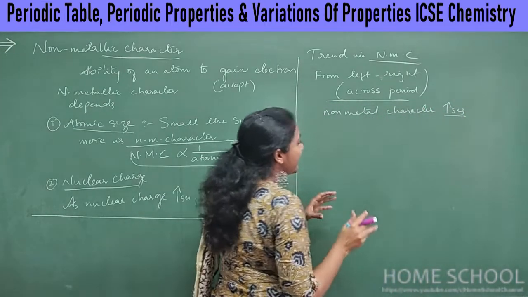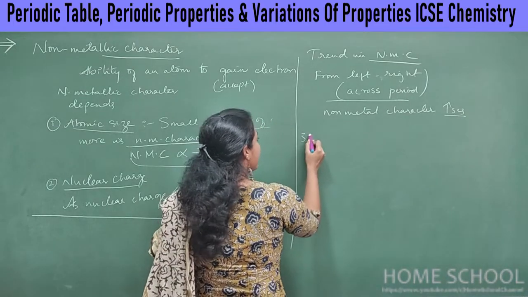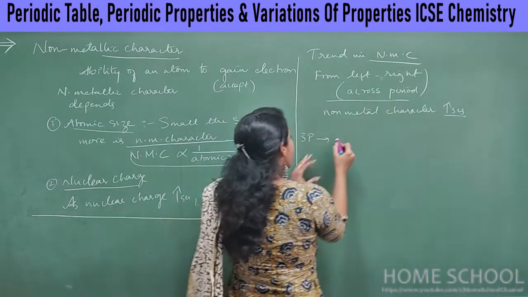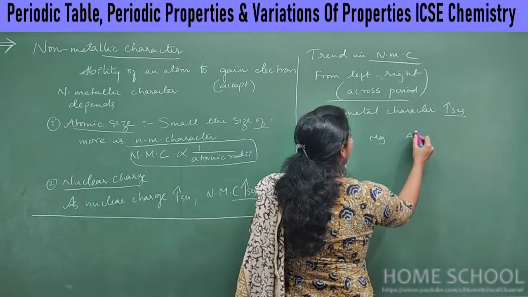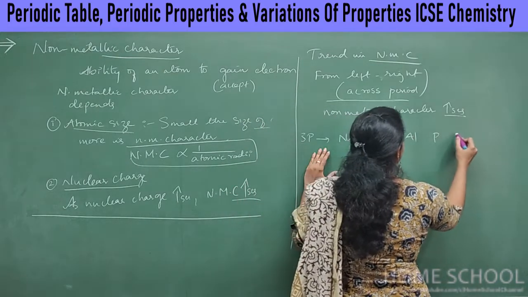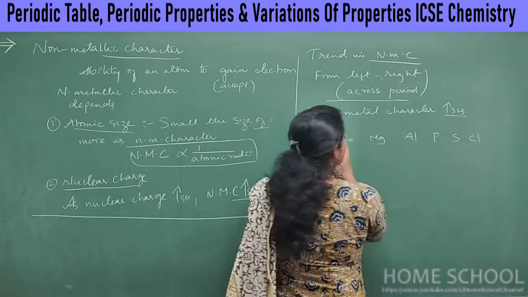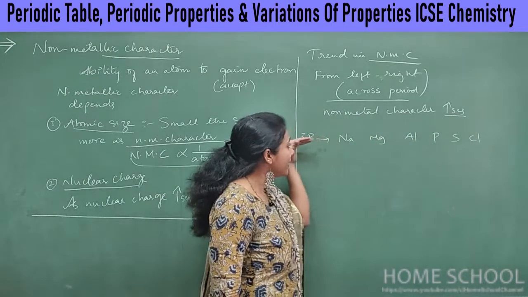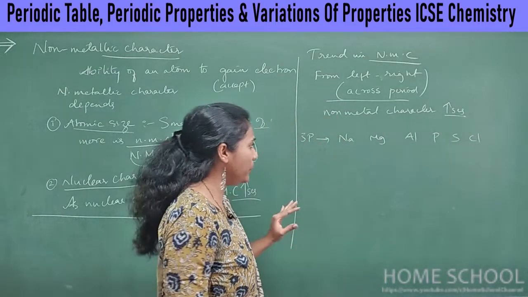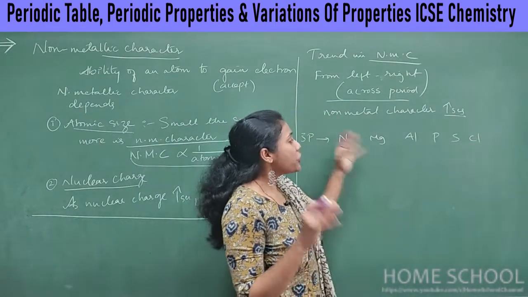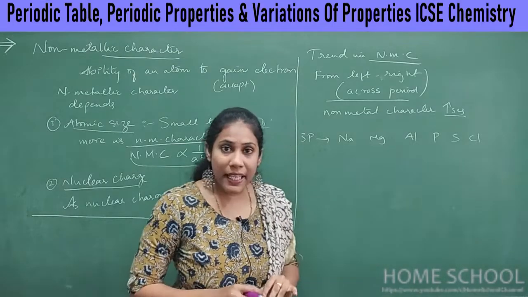Let me take third period elements. Sodium, magnesium, aluminium, phosphorus, sulfur, chlorine. These are the elements in the third period, the third horizontal row. Can you tell me which of them is the most non-metallic?